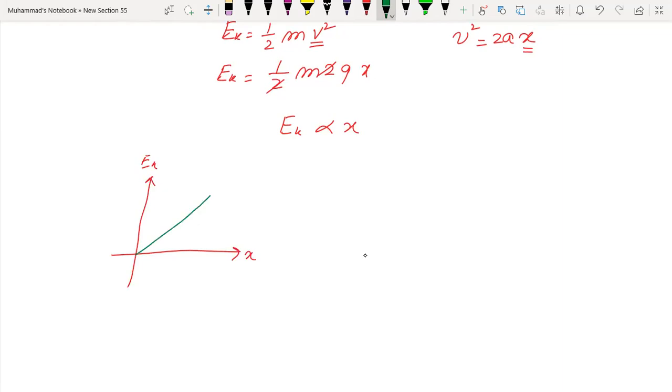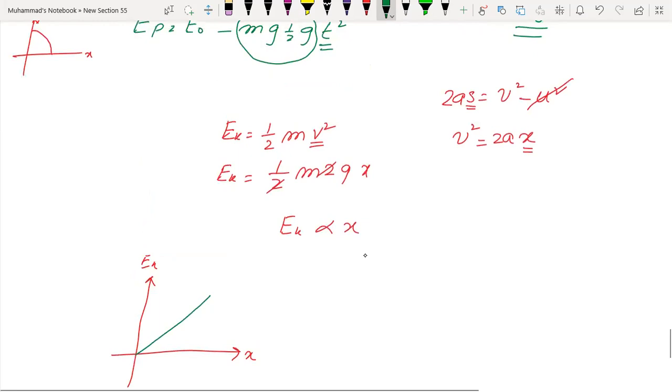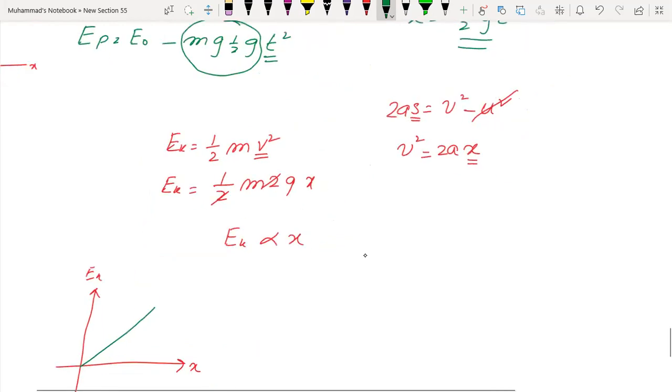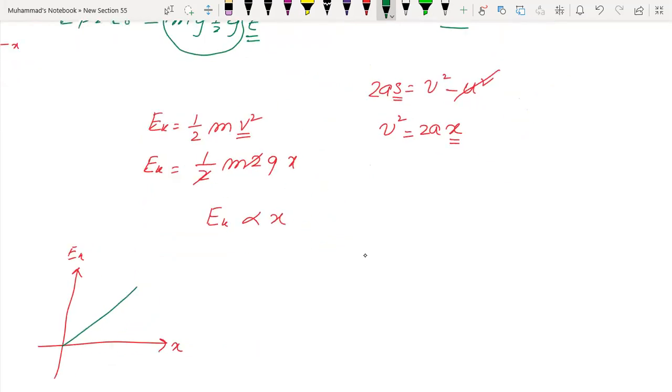But if you have to plot kinetic energy versus time, then you have to replace this x with time. You have to see how the displacement changes with time. Okay, so our kinetic energy is half mv square.